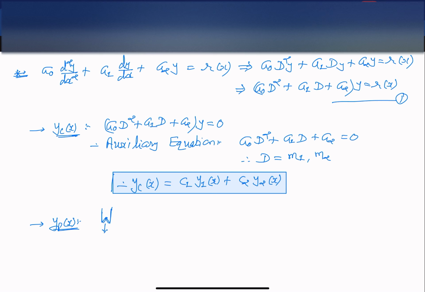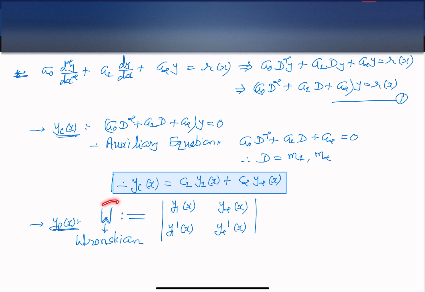The W stands for Wronskian, and the Wronskian is defined in this way: the determinant of y1, y2, y1 dash and y2 dash. You need to find out this Wronskian. What is y1 dash? The derivative of y1. What is y2 dash? The derivative of y2.